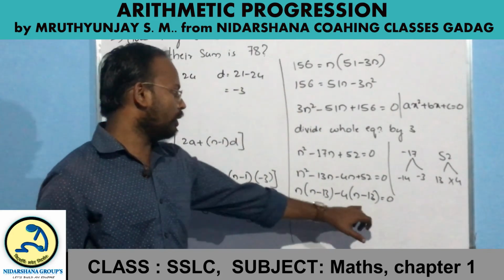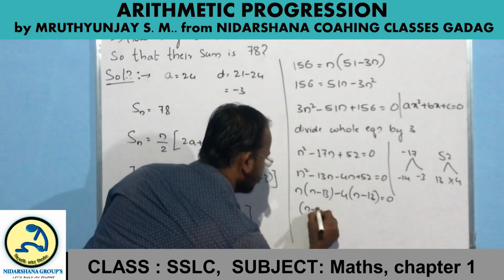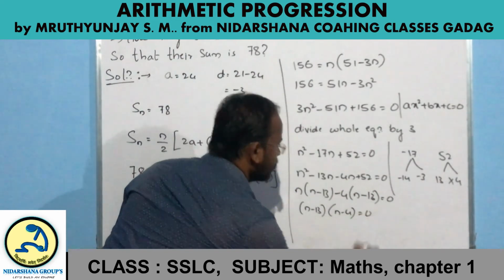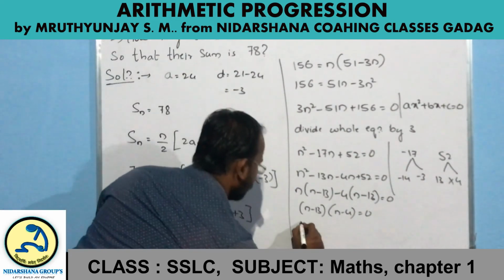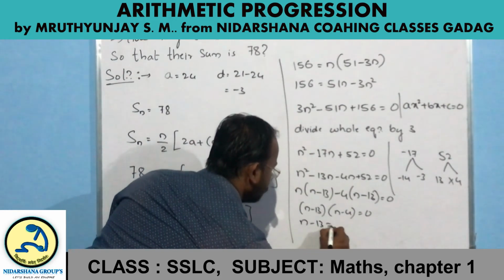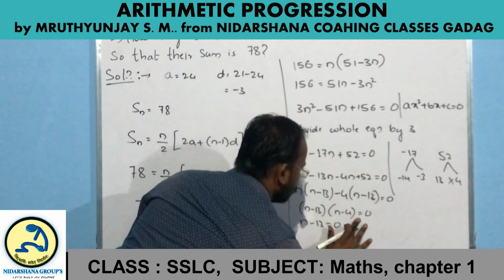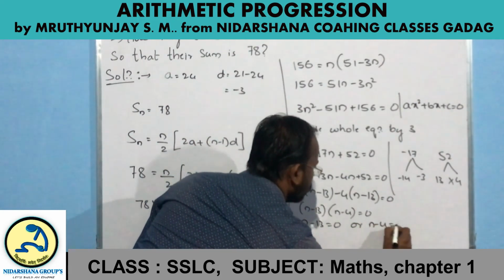So in these two terms, n minus 13 is common. So I will take n minus 13 as common, and n minus 4 I will keep in the bracket, that is equal to 0. So by this we can write n minus 13 is equal to 0, or n minus 4 is equal to 0.